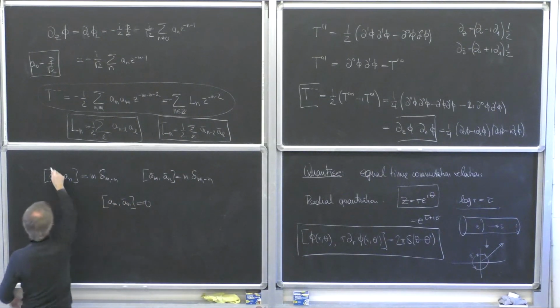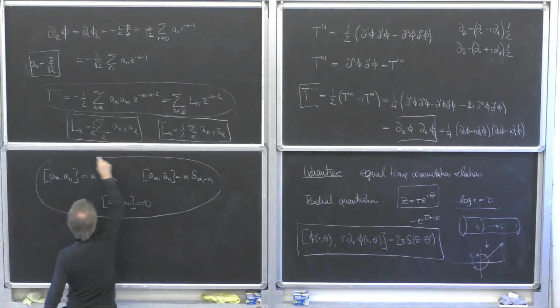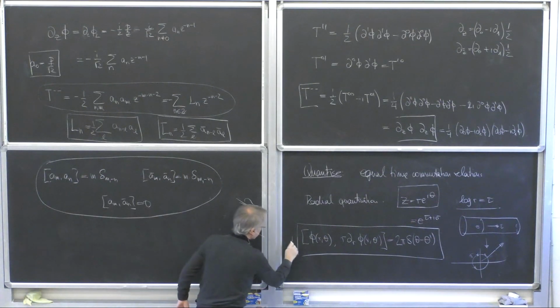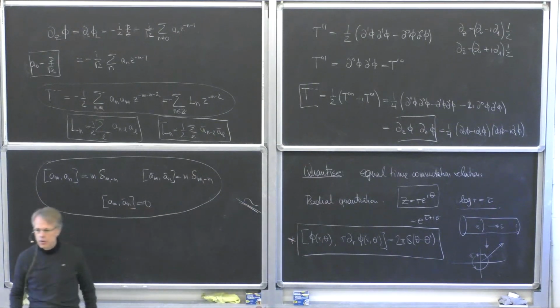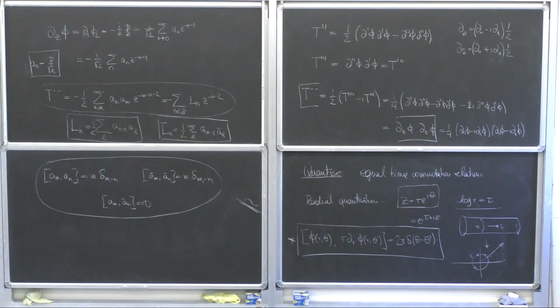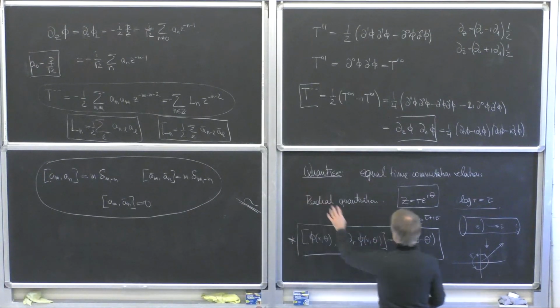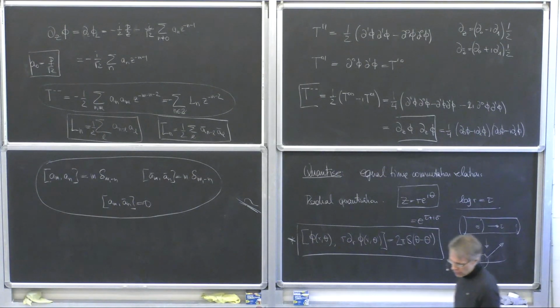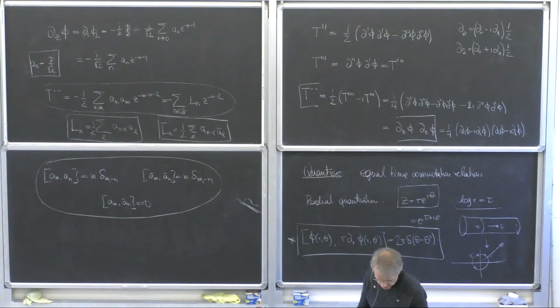So this set of commutation relations, once you plug this in, is equivalent to the canonical commutation relation. You've probably seen this in string theory before. This is just some tedious expansion and then picking the different terms and checking that these are the commutation relations that guarantee that.